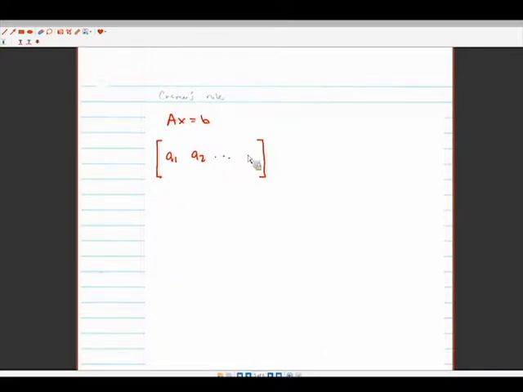If we have an n by n matrix, we're going to have n column vectors given by little a sub i. We're going to have then a vector of unknowns. We're of course going to have n of these. And then this is going to equal a column vector b of size n by 1.